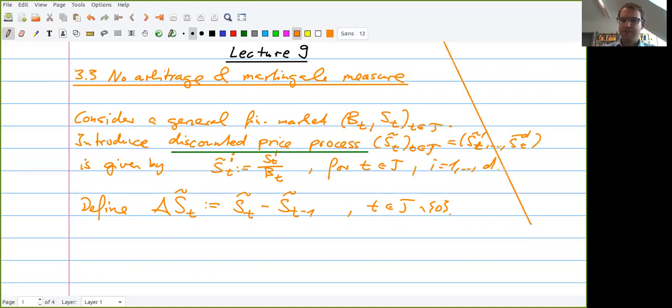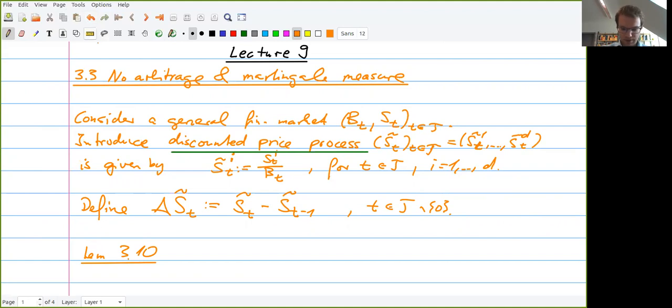As a first step, before coming back to the martingale measures, we wanted to understand how the objects now behave if we consider them with respect to the discounted quantities. This was the last thing we wrote down last time, namely Lemma 3.10.